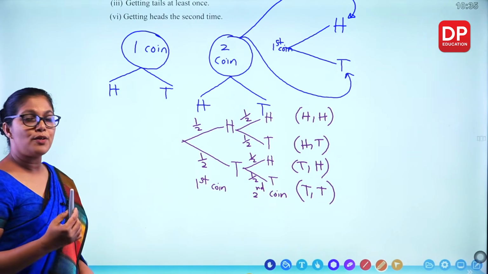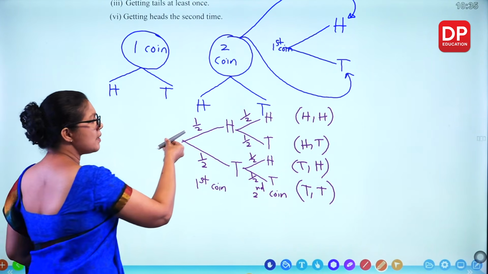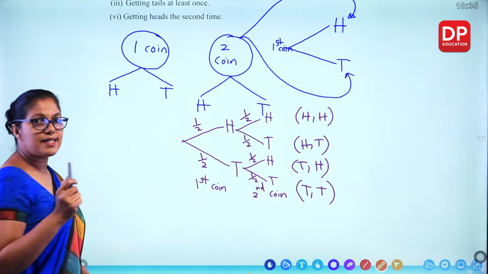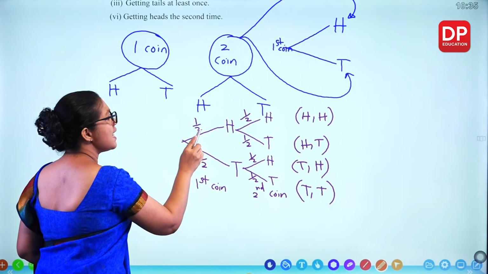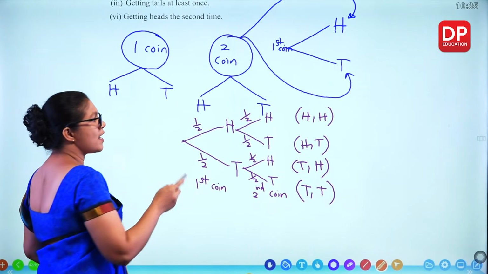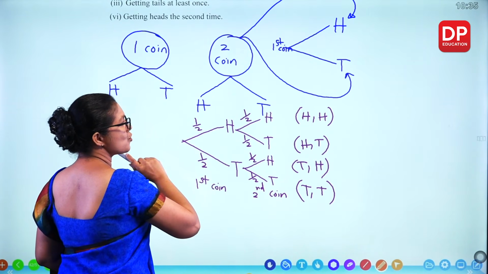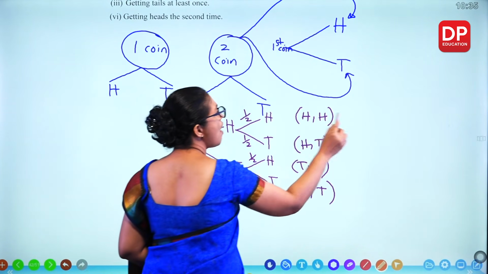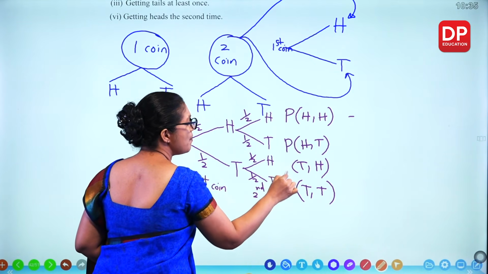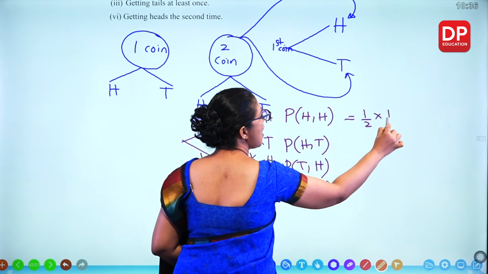Also when you consider a tree diagram, along the branches we multiply. We take probability of getting head and probability of getting head. If you want to find the probabilities, we multiply these two. So I'll write the probability of this is equal to half times half.